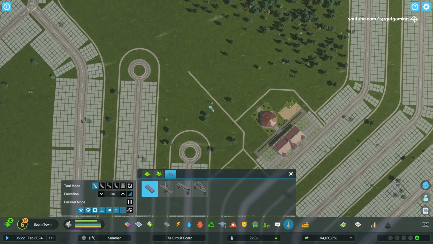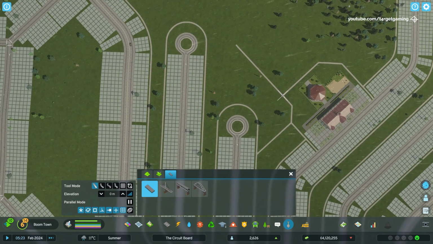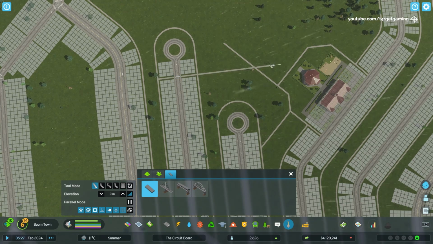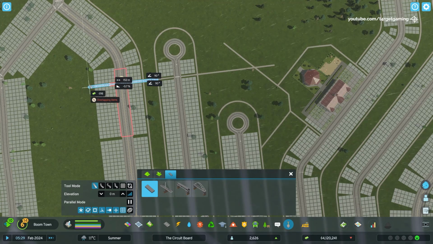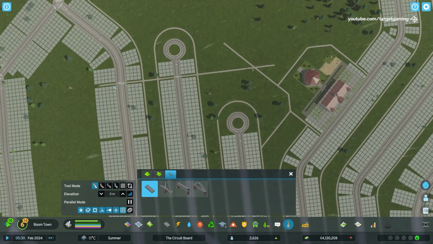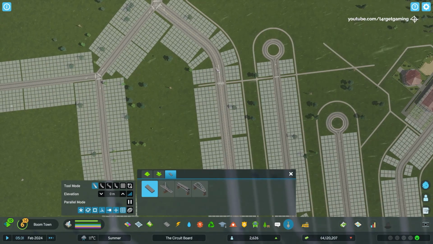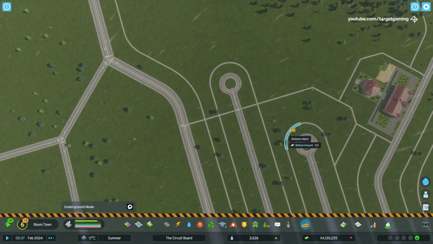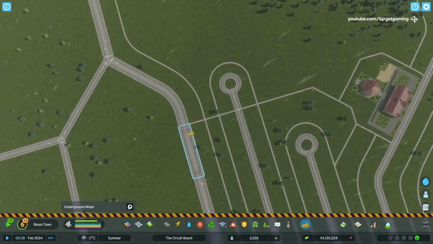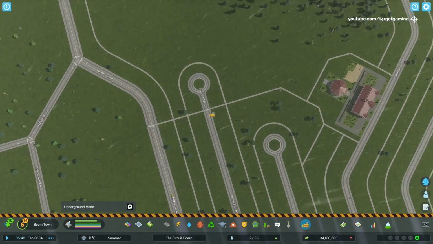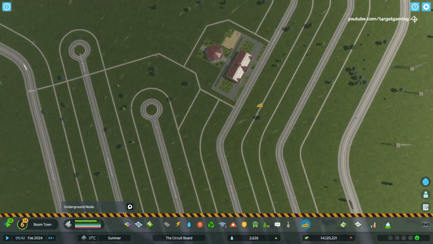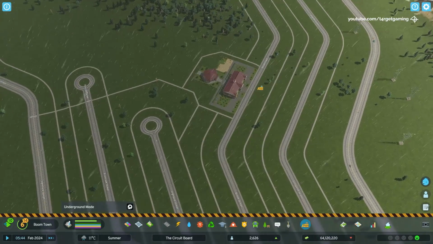So in this particular example, I can just make a pathway here and then connect it to this street by doing something like this, for example. And I can even extend and connect to the avenue itself. So this way, someone who is in this avenue can just walk all the way across the town and get to the elementary school.